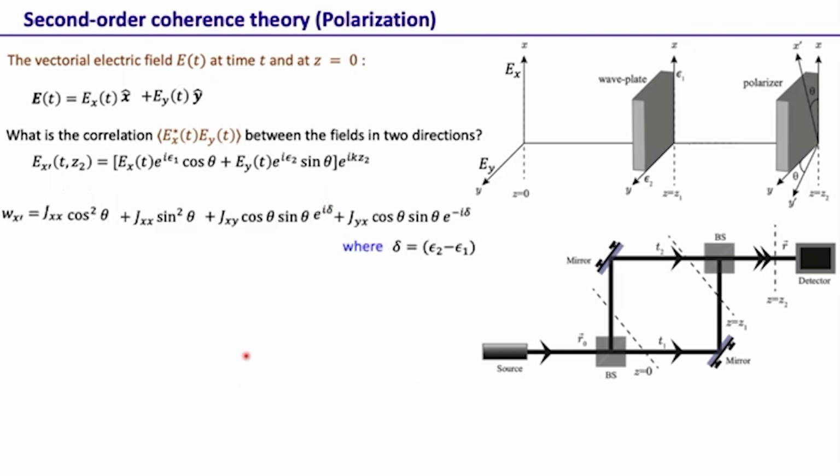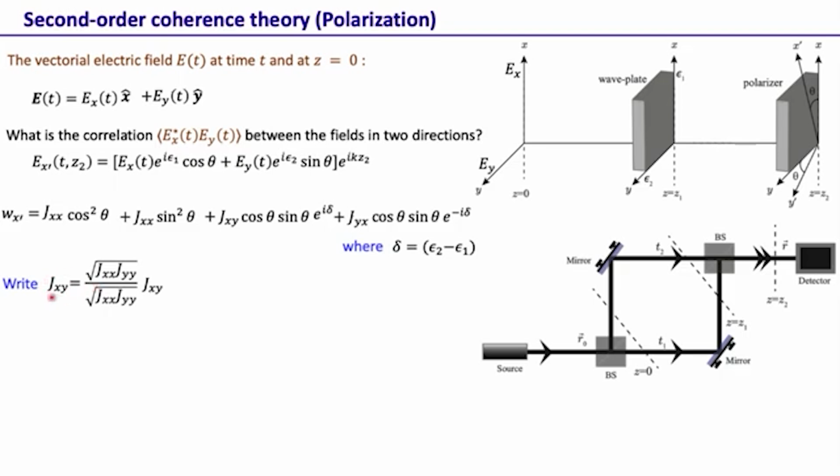Okay, so this is the expression for the energy density we have, and it contains the energy due to the polarization in one direction, energy due to the polarization in the other direction, and then of course the cross terms. So now, just like the degree of temporal coherence and degree of spatial coherence, we can also define the degree of polarization coherence, and we do this in this manner.